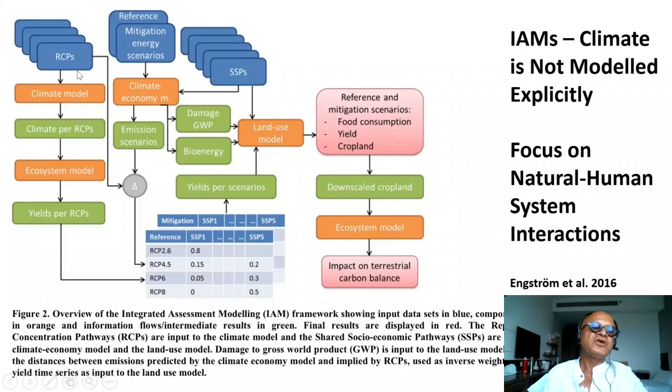Okay, so here are the RCPs that are being used as input, with some going into climate models, producing climate per the representative concentration pathways, driving ecosystem models and yields like agricultural yields per RCPs, and then kind of an iteration looking at the reference or business-as-usual scenarios where we don't do anything, or scenarios which include mitigation of greenhouse gas emissions, renewable energy scenarios, population scenarios, and so on, and look at climate, economy, emission scenarios, and then feedback to the RCPs.